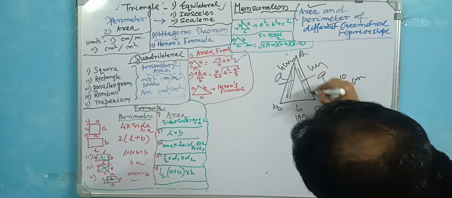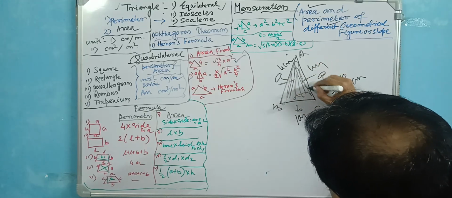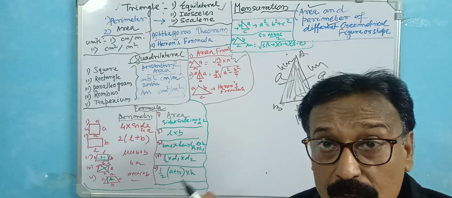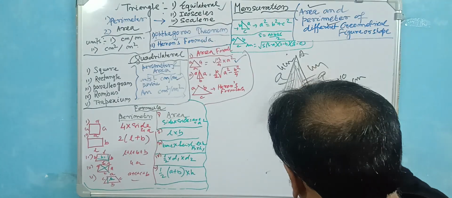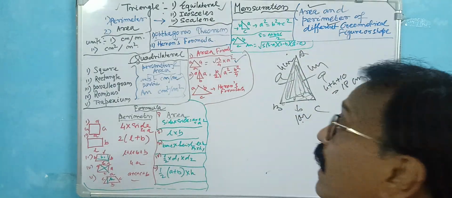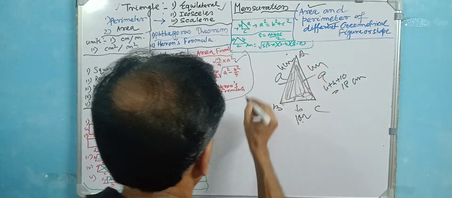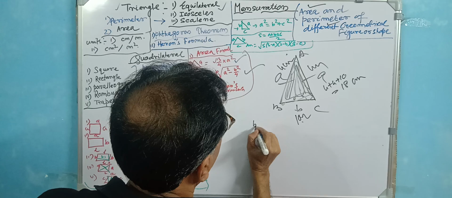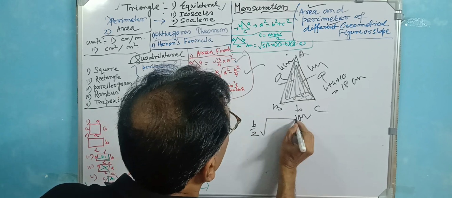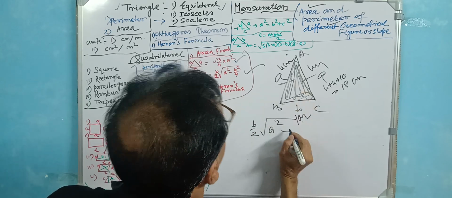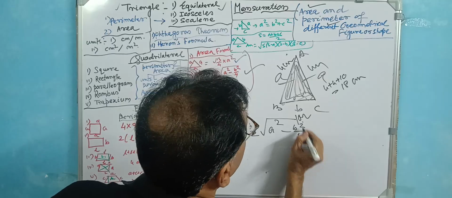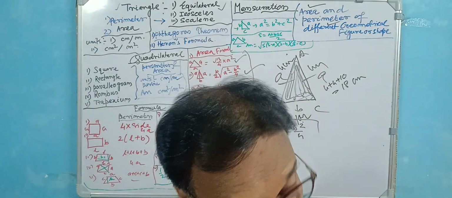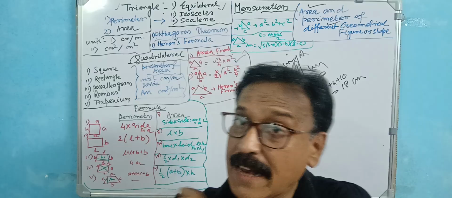Area means what is covered, the measurement of this land, this part. The formula is this. This is the base. So area is b square by 2 root over a square minus b square by 4. This is the formula. Just remember this formula for calculating the sum.